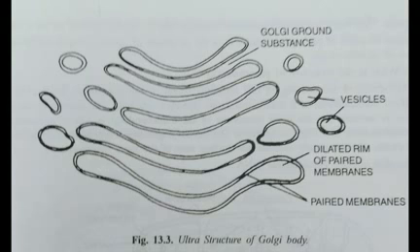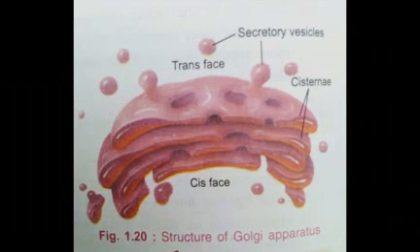These are placed one above the other, in a stacked form in parallel rows. The Golgi apparatus is frequently surrounded by vesicles, which are discharged from the cristae. When present in plants in the form of subunits, the Golgi apparatus is called dictyosome.